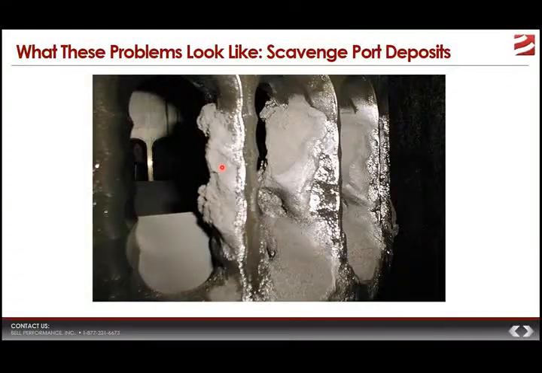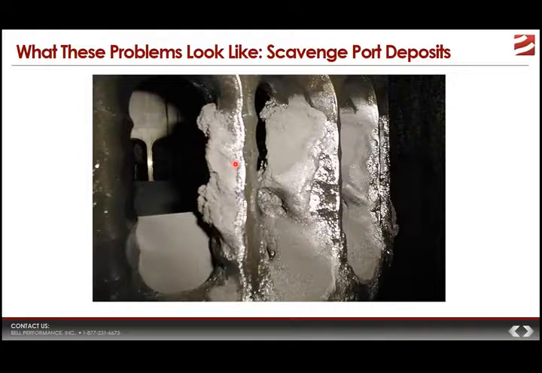And this is what some of the scavenge ports look like. The scavenge port is where the exhaust gases inside the combustion chamber, after the fuel's been burned, after the cylinder has completed its stroke and is on its way down, typically the spent gas will then be forced out of the chamber so that new air can come in, so that new fuel can be injected.